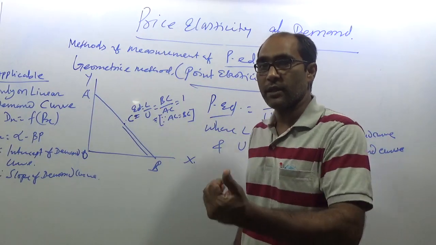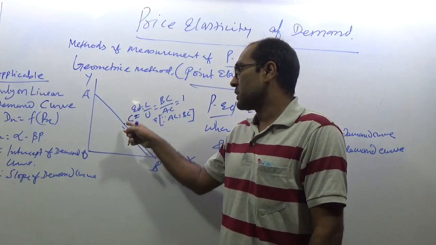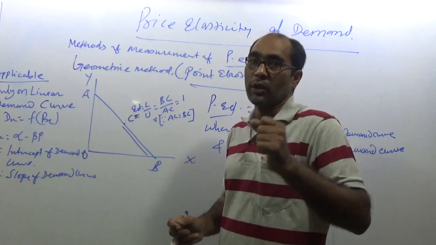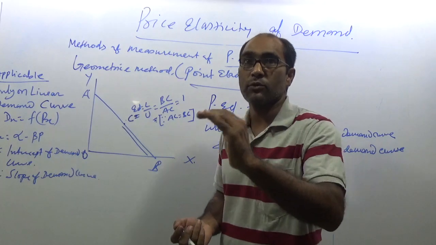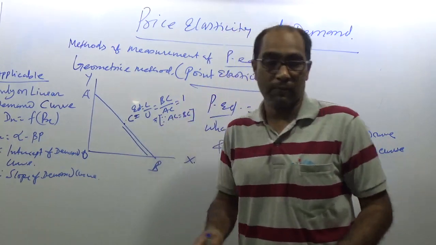So it's very easy to calculate the price elasticity on the middlemost point. For the middlemost point, elasticity must equal 1.